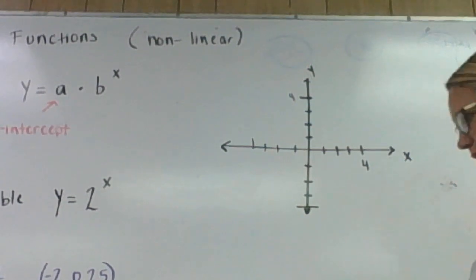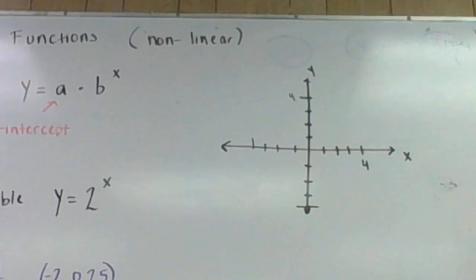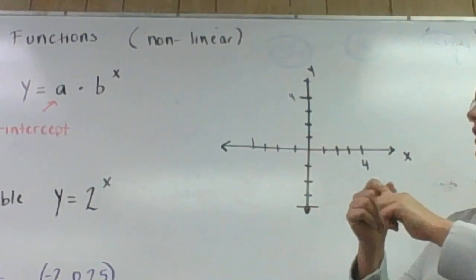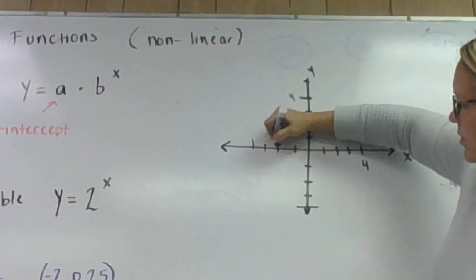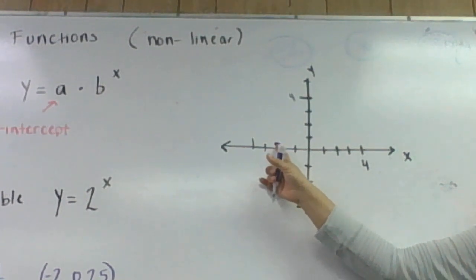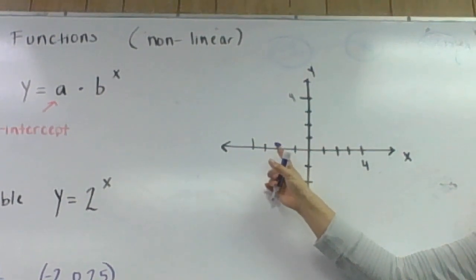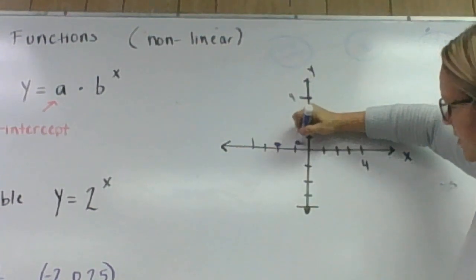Okay. So my first point is at -2, 0.25. That's kind of weird. How do I do 0.25? So here's -2 and here's 1. So 0.25 is just a little bit above the x-axis, like a quarter of the way up. And then -1, 0.5 is just like halfway up.